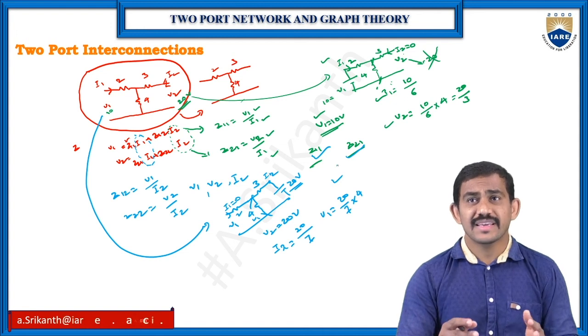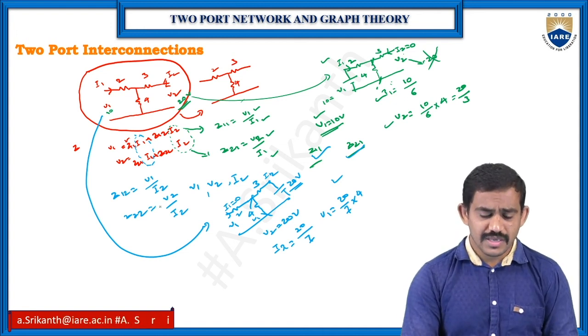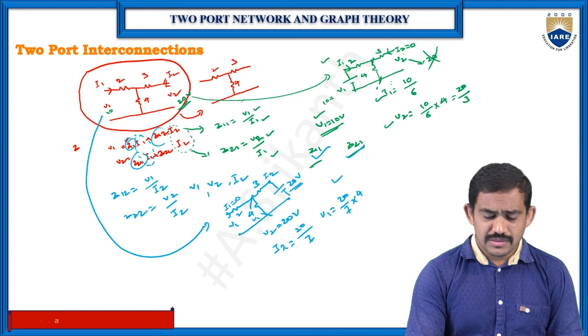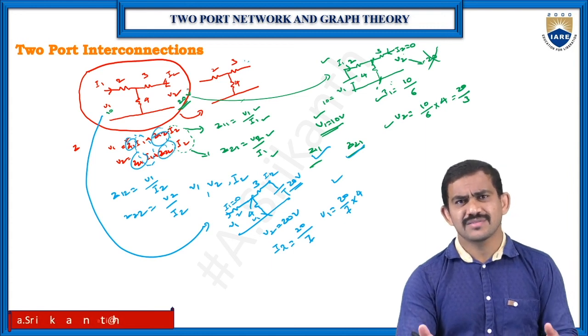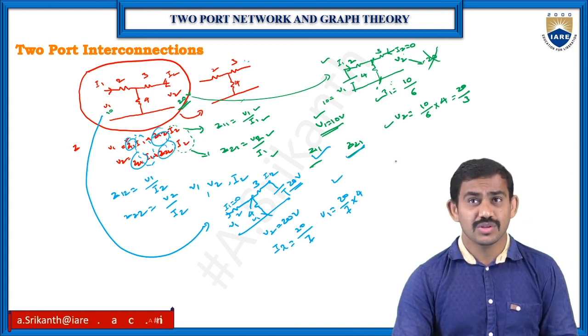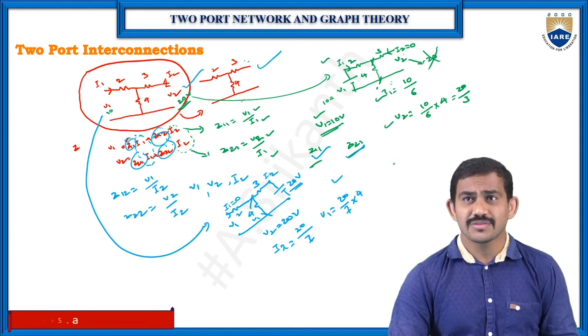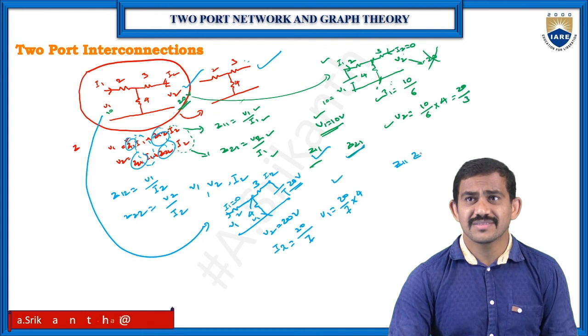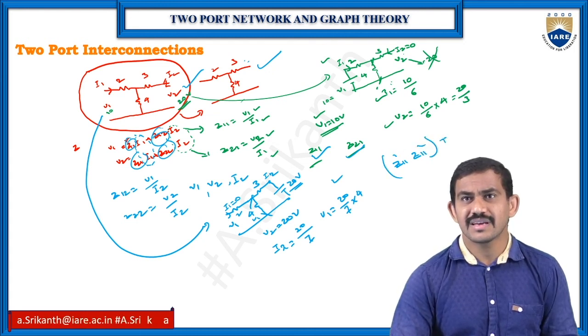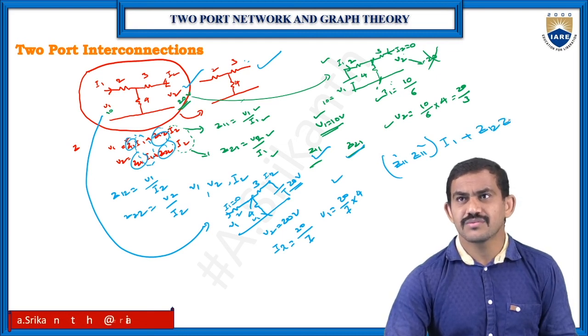So we need to find each value. Then, for the same circuit we have the same values, so add both values when both are in series. This network and this network are both in series, so the values are Z11 plus Z11, first network and second network, into your I1. Same thing, Z12 plus Z12, the first network and second network, into your I2 value.